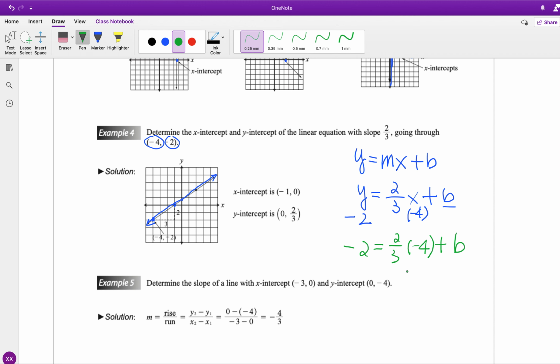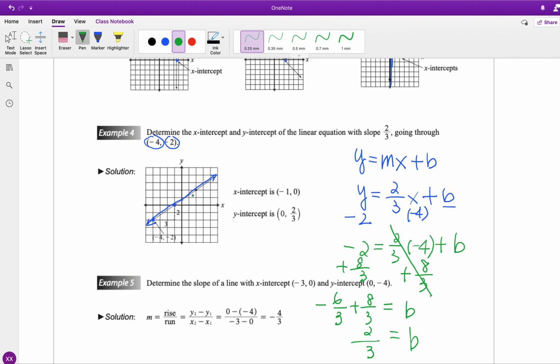So then you get plus 8 over 3, because it is negative 8 over 3, so you add 8 over 3 to both sides. So on this side, this number is completely gone. Now your b equals -2, which is -6 over 3, plus 8 over 3. Then your b is 2 over 3.